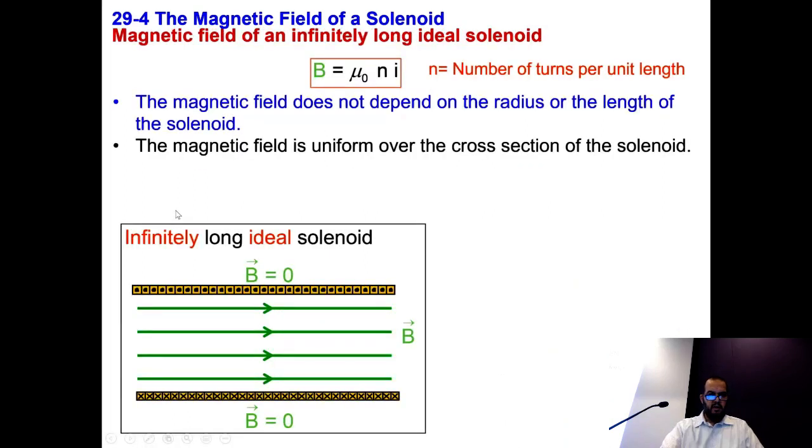Okay, so the magnetic field does not depend on the radius or the length of the solenoid, which is quite interesting, and it's uniform over the cross section of the solenoid. This is very important. For example, in a magnetic resonance imaging machine, usually they put the person inside the magnet. Let's assume they're scanning the knee, like my knee now is hurting, okay?